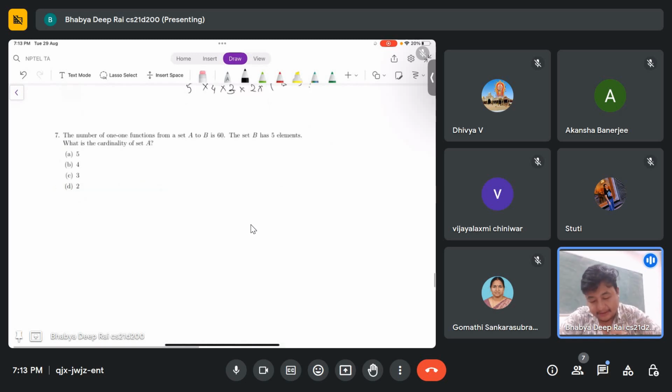So, another one. The number of 1-1 functions from a set A to B is 60. The set B has 5 elements. What is the cardinality of set A? This might be slightly more challenging. There is a direct formula also, and it was also done in the lecture, I think.